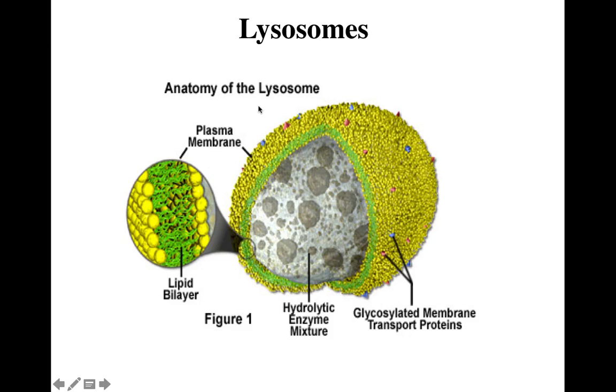Another important thing is that they get destroyed after some time, because the cells also produce some products which are meant to be protected from the lysosomes, meaning they cannot get destroyed by the lysosomes.